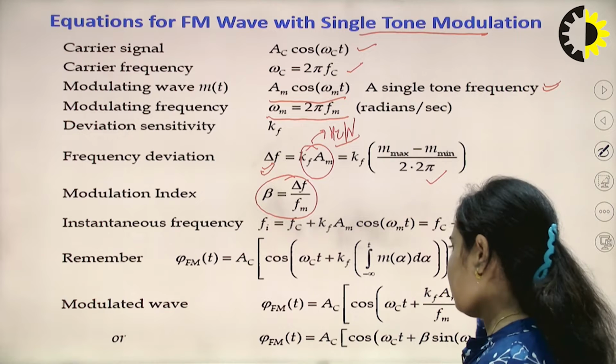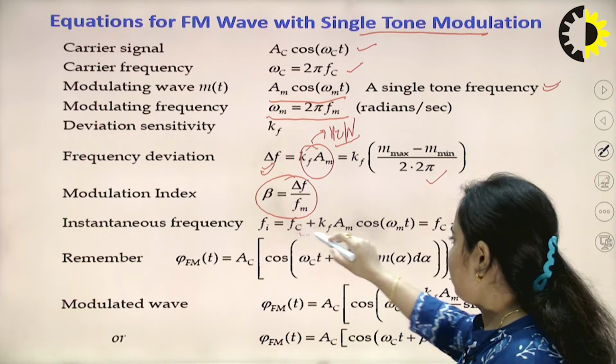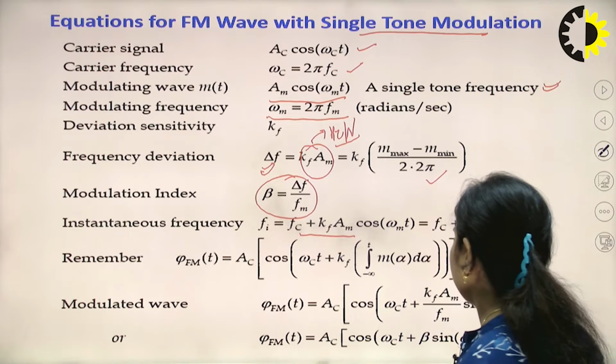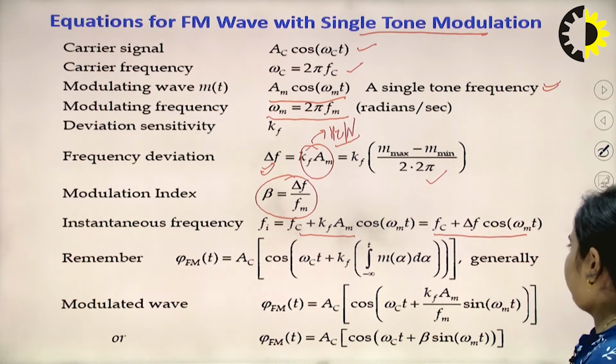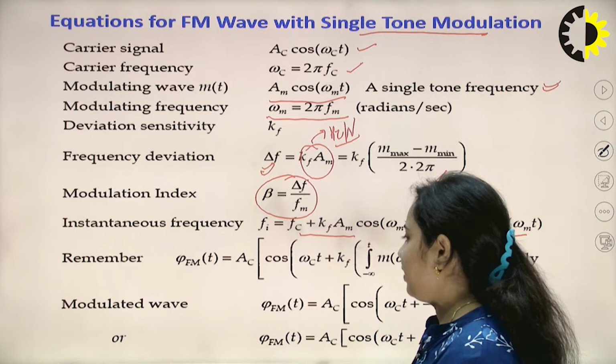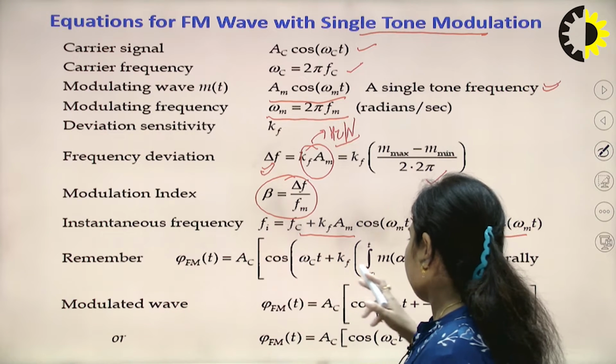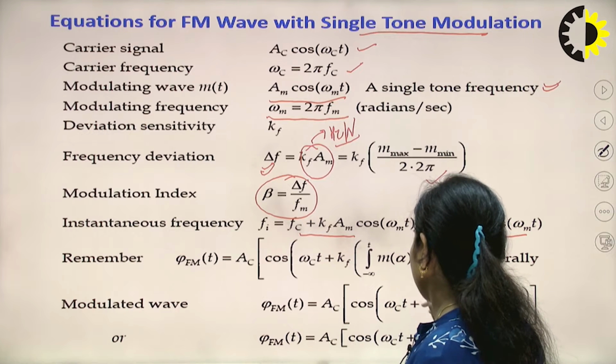So since it is an FM signal, we have to consider this fi. Fi is equal to fc plus kf into Am cos omega mt. So this will be fc plus delta f into cos omega mt. So we can also remember the equation of the standard FM, which is Ac in bracket cos omega ct plus kf integral mt into dt.